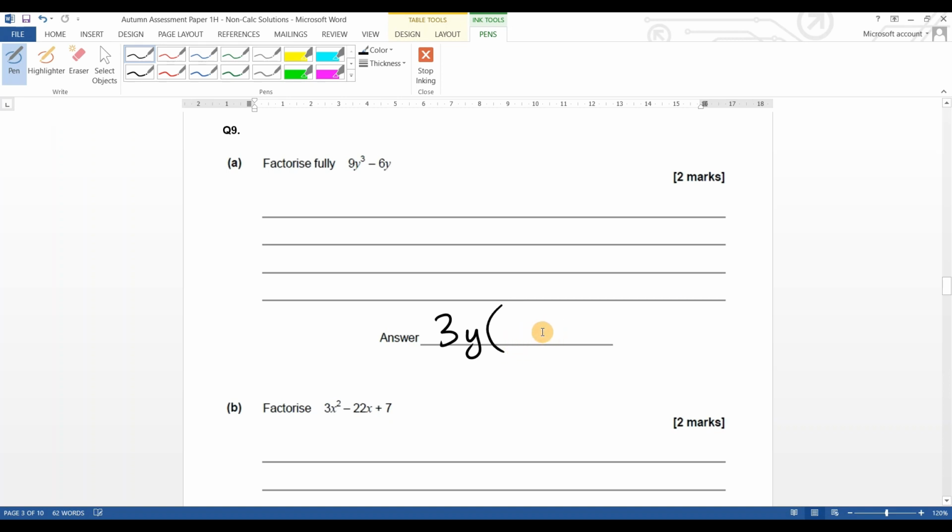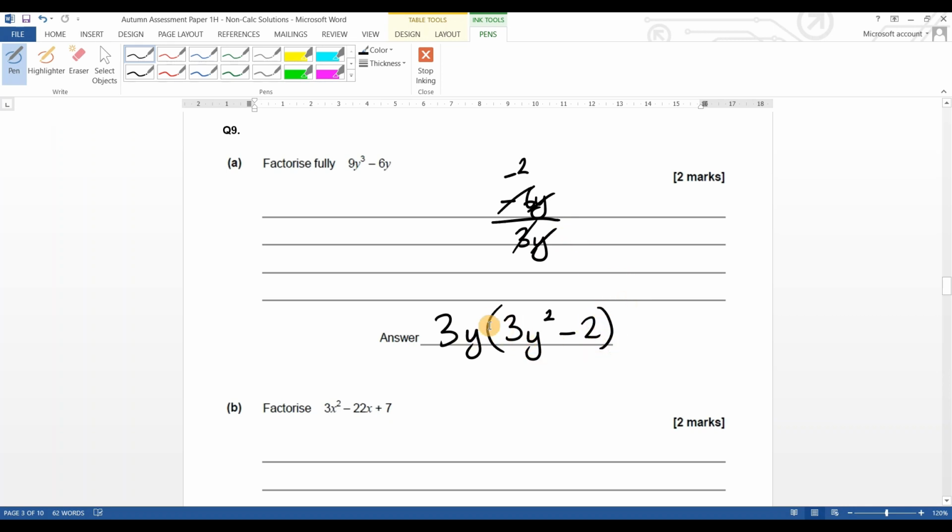What you're left with is 3y squared minus, if you're not sure, let's just do it this way. So I've got minus 6y being divided by 3y. So what does that give us? This cancels with this to give you minus 2. That cancels with that. So yeah, you're just left with minus 2 on the end of that.